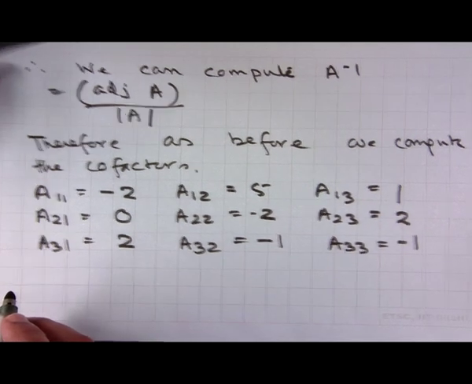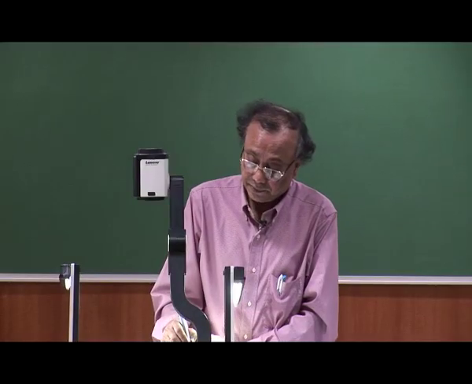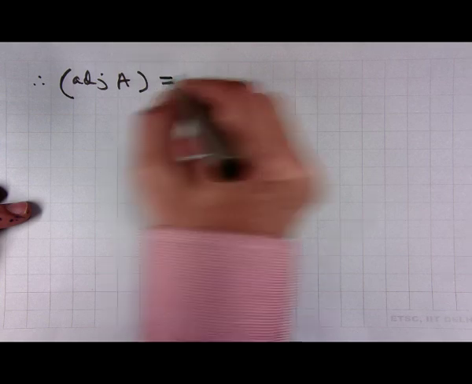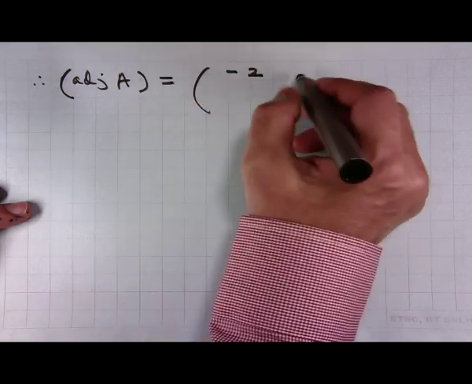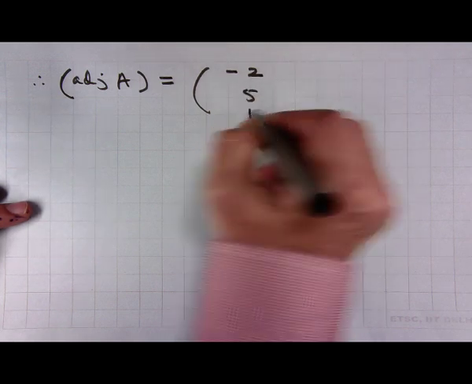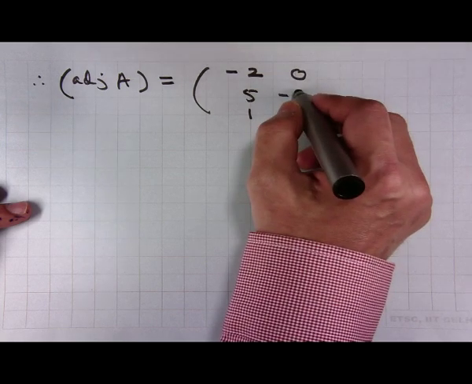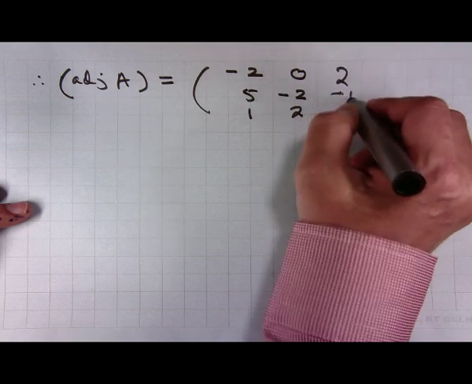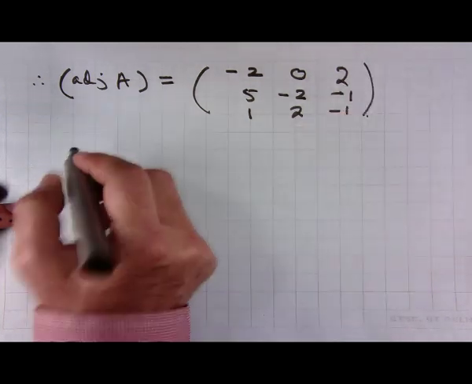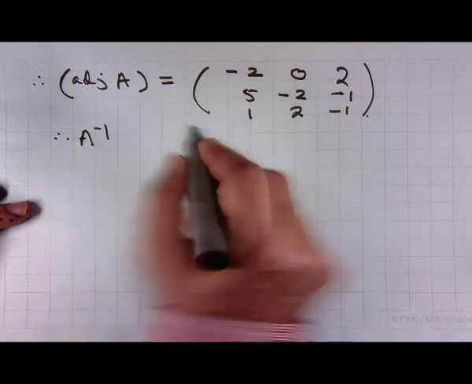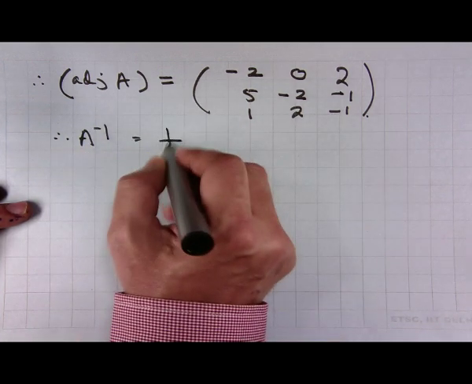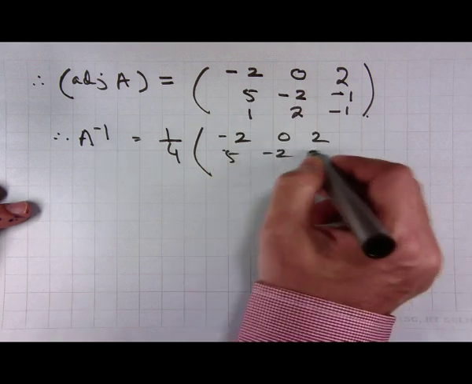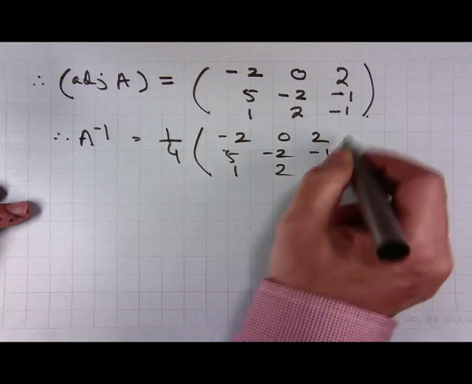Therefore, writing it in a matrix form, we will get adjoint of A is equal to minus 2, 5, 1, 0, minus 2, 2, 2, minus 1, minus 1. Therefore, A inverse is equal to this divided by 4 is equal to minus 2, 0, 2, 5, minus 2, minus 1, 1, 2, minus 1.